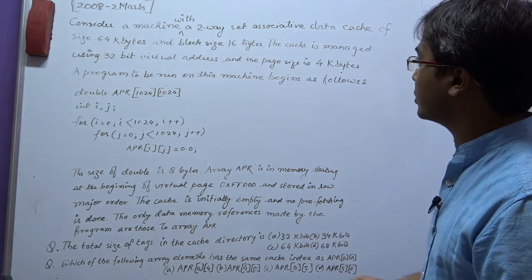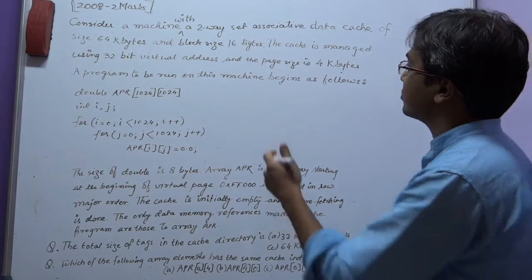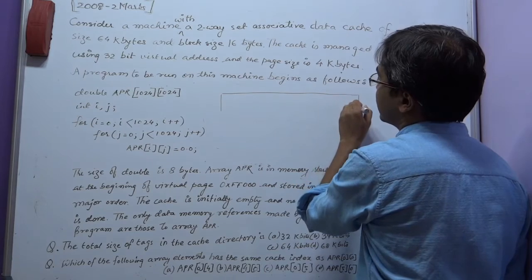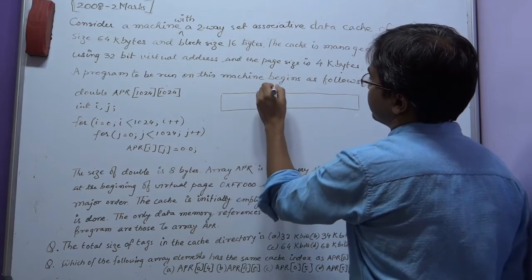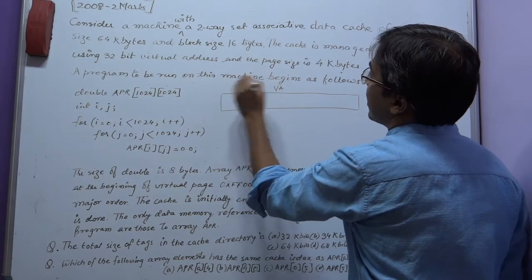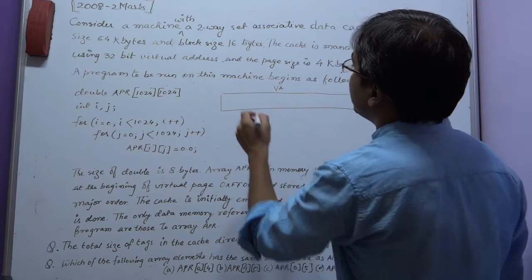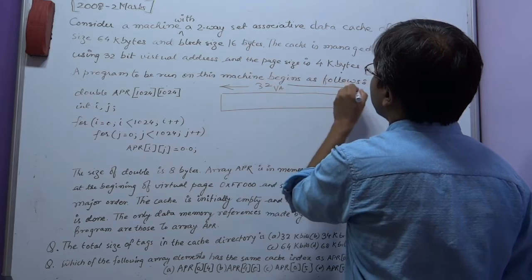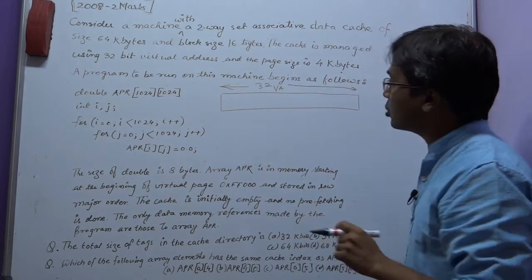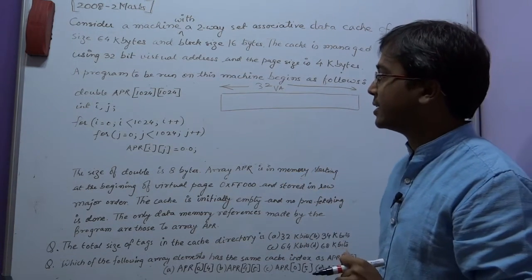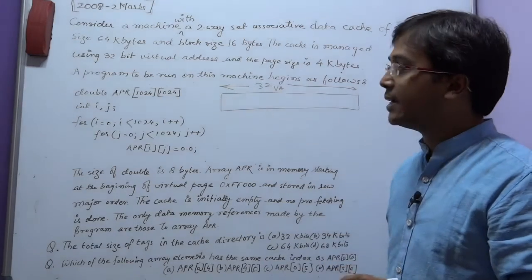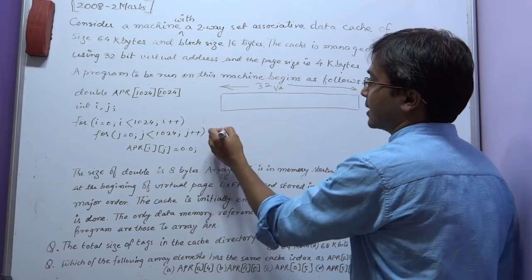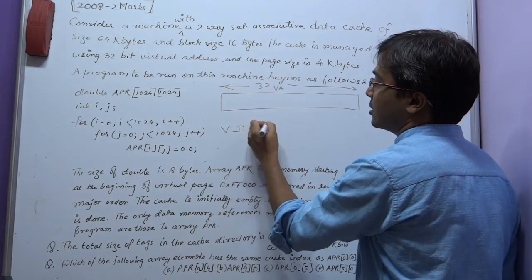To find out the size of the tag field, let us first draw a rectangle to represent the virtual address, and it is given to be 32 bits wide. So this is the 32-bit wide virtual address. One more thing that you should note here is that the cache is virtually indexed and virtually tagged, VIVT.